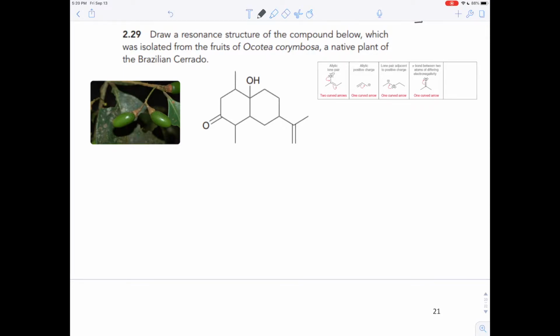So when you see a molecule that you've never seen before, you would just go methodically through it and see if it has any of these resonance patterns. And one thing you want to do first, because it'll help you to see some of the resonance patterns, is to draw in the lone pairs. So I'm going to copy this molecule down.